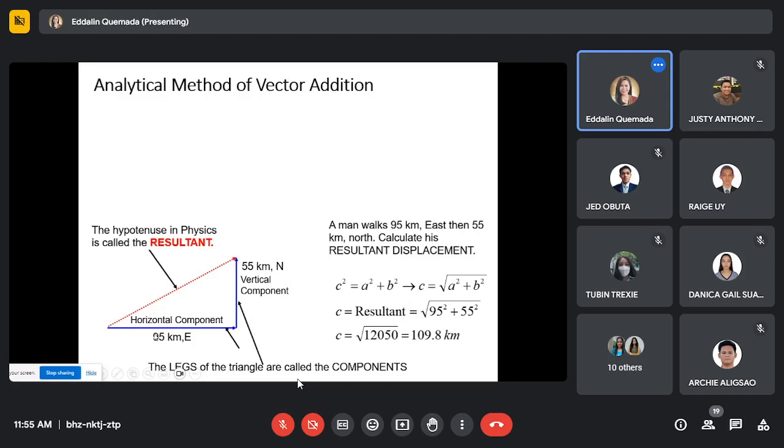If this is the angle of the given resultant, what trigonometric function can we apply to solve the value of the given angle? Let's go, so we can finish this. What can we use?